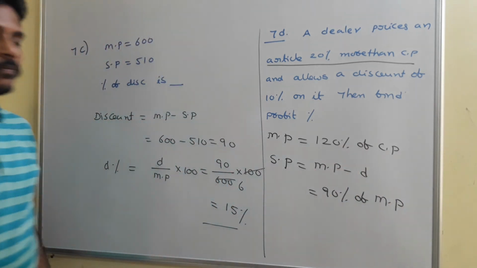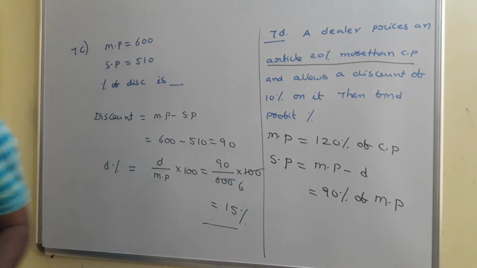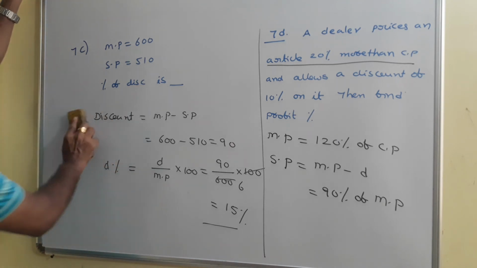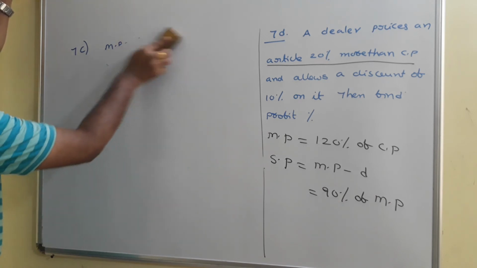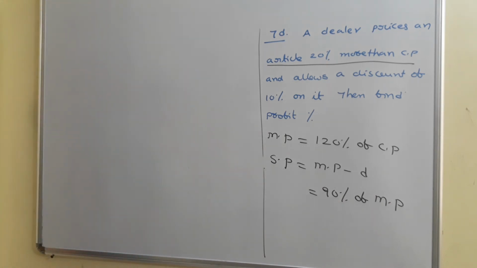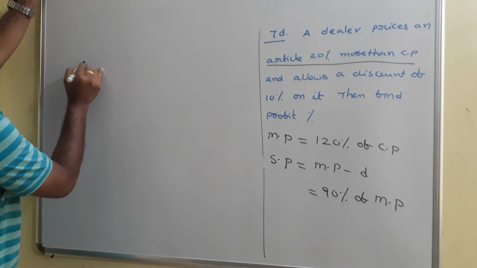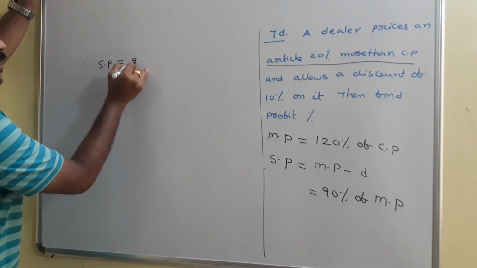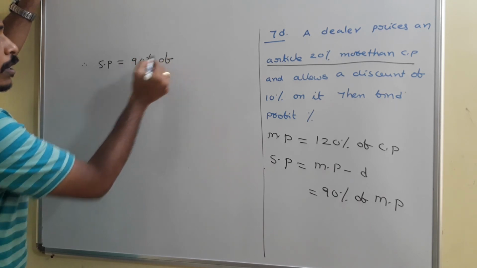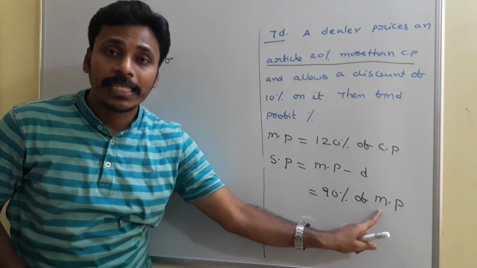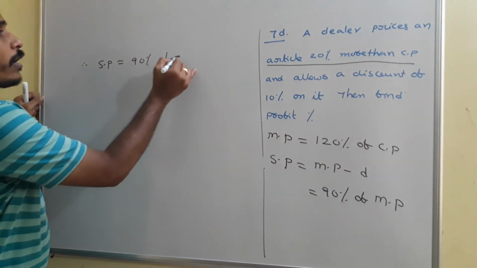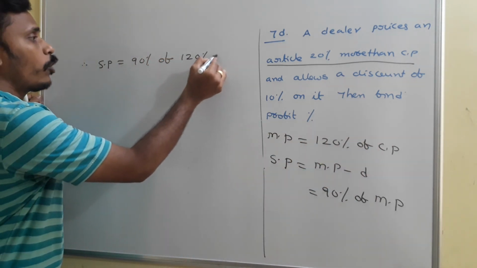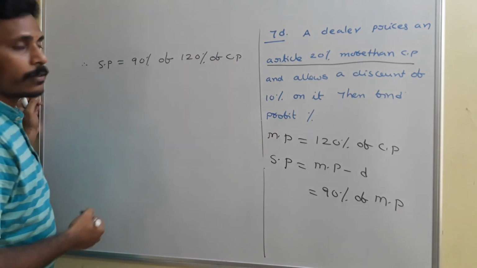As per the given information, market price is 120% of the cost price, and selling price is market price minus discount, which is 90% of the market price. Therefore selling price is 90% of market price, and as given, market price is 120% of cost price. So it is 90% of 120% of cost price.